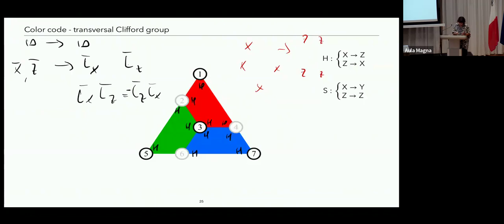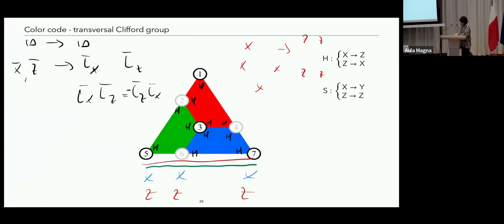It's true for all. Then, I didn't draw the logical operators at the beginning, so I forgot to do that, but I can tell you that a logical X operator is this one. And the logical Z operator is this one, on qubits 5, 6, and 7.